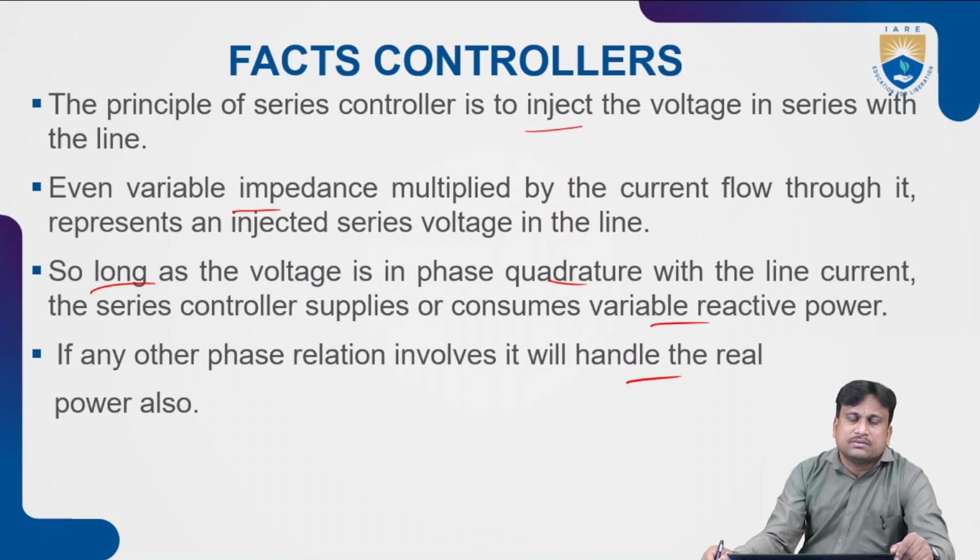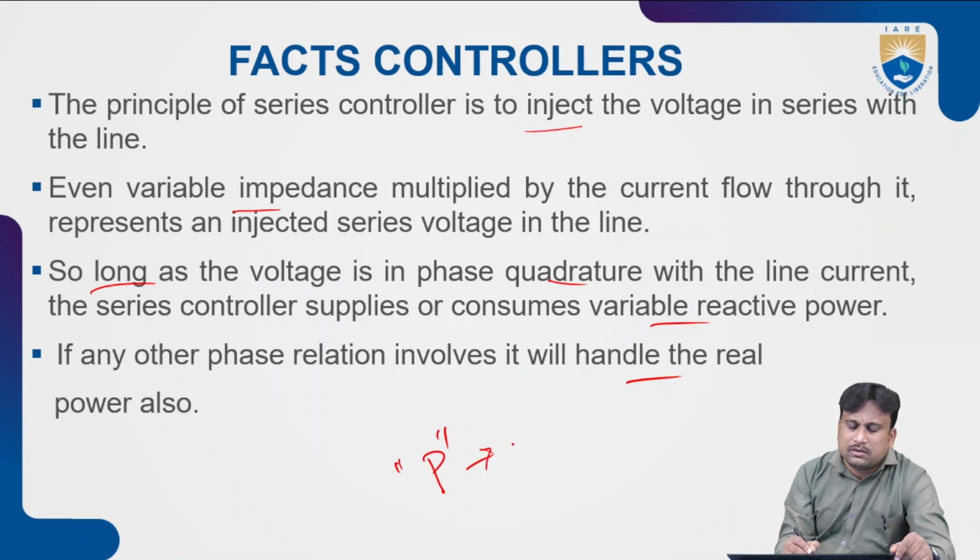As we discussed, reactive power compensation is one of the important key features in line parameters. If any other phase relation exists, it is treated as real power, P. This is called real power.